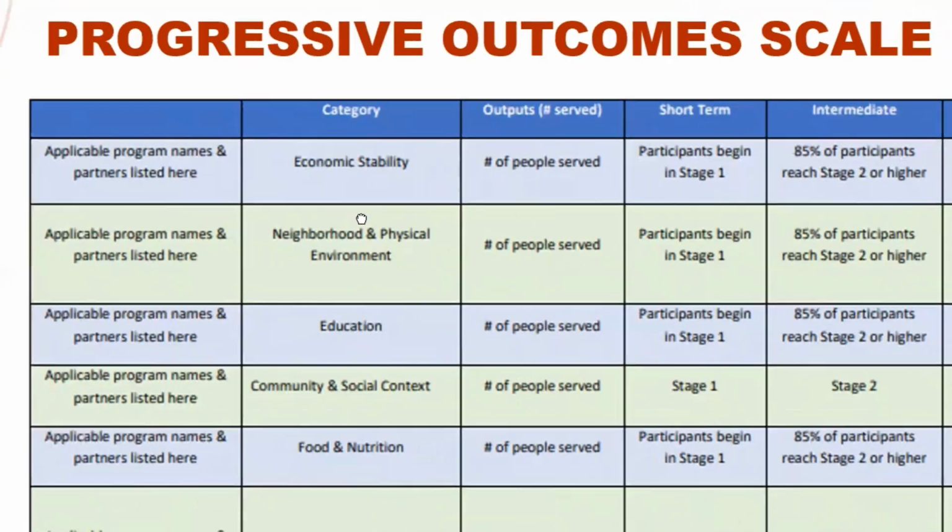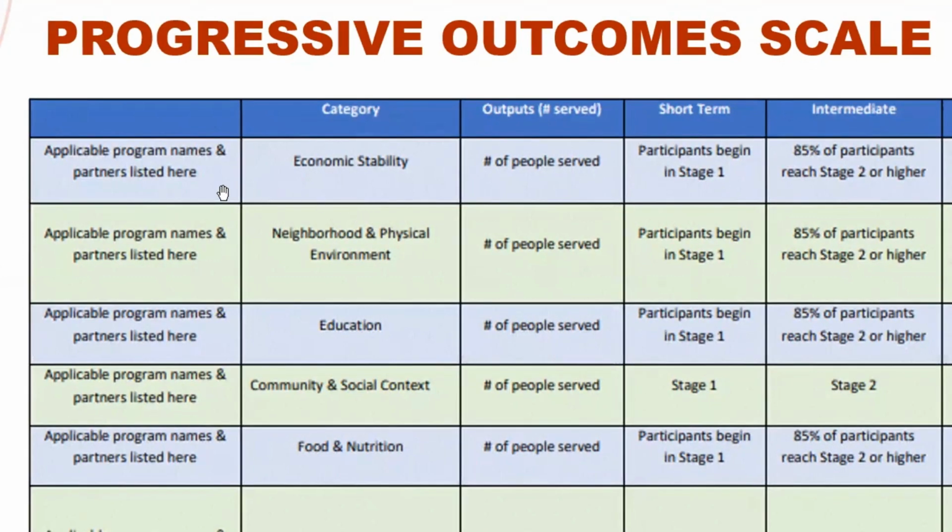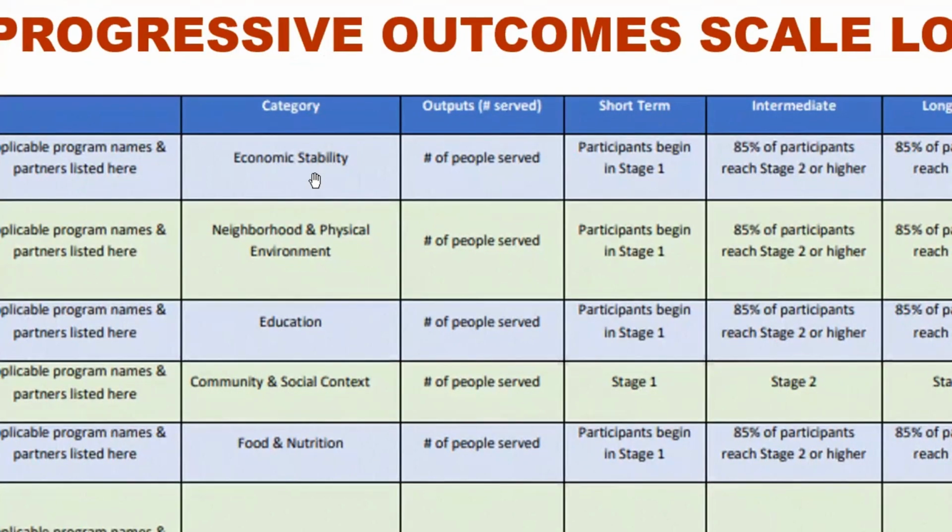So what you're looking at here is a POSLM, and that's short for Progressive Outcome Scale Logic Model. In the first column, you'll see where there's space for program names and partners that you're working with listed. Those partners and program names would be directly connected to the category that's directly across from it.